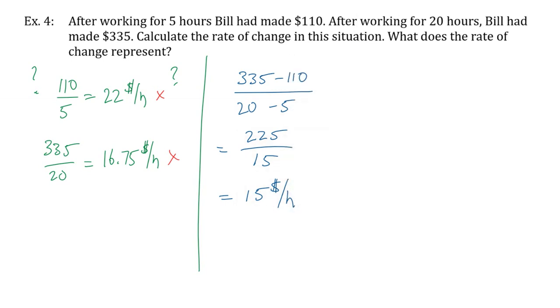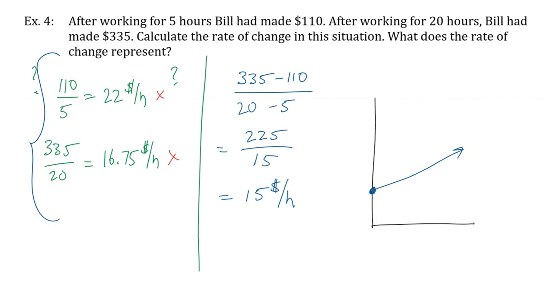This is one of those situations where Bill started up here and went up. And so just doing it like this didn't give me the right answer, because there's another amount of money involved in the question. Again, don't worry too much if you don't think you can do this yet.